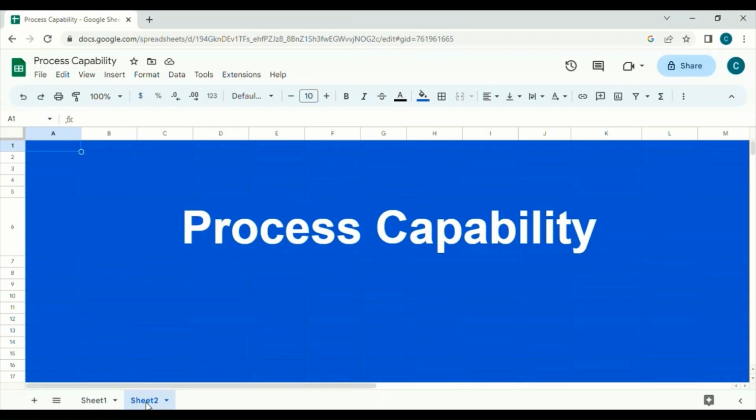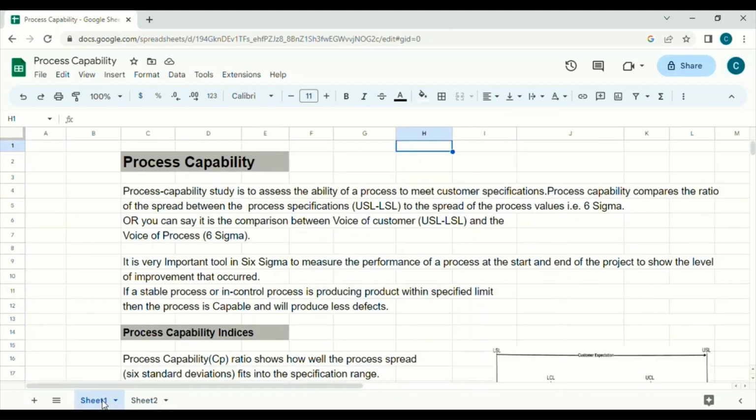Today I'll tell you about process capability in this video. Process capability is to assess the ability of the process to meet customer specification. It compares the ratio of the spread between the process specification and the process spread.